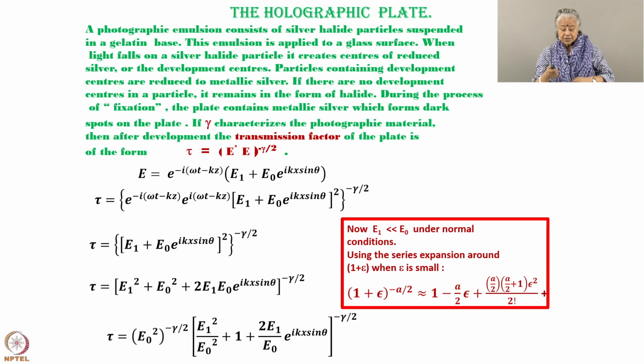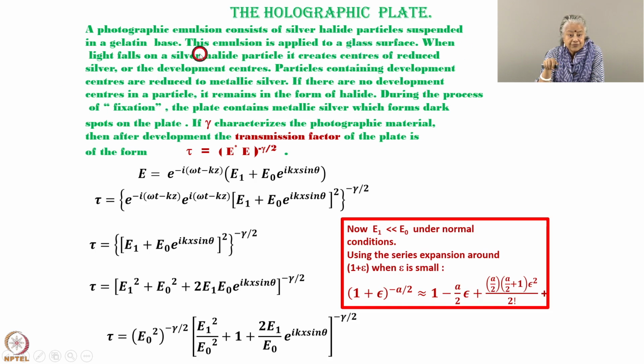Before that, I think you should again keep at the back of your mind a photographic emulsion, which we have seen in that second slide. A photographic emulsion consists of silver halide particles suspended in a gelatin base. This emulsion is applied to a glass surface, so it will be partly transparent and partly reflecting.